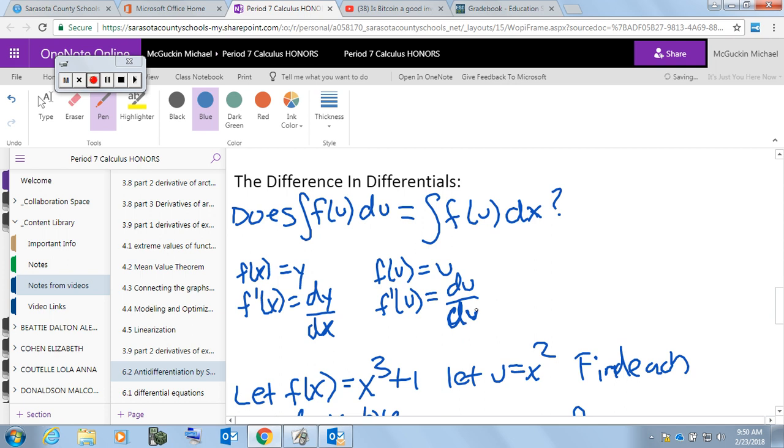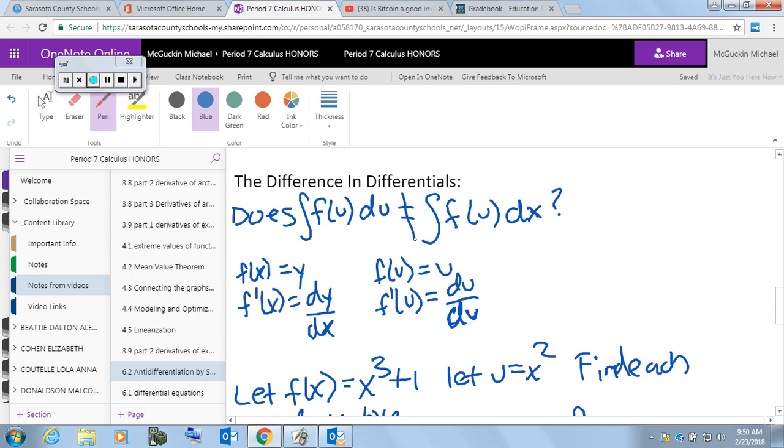One is of y with respect to x, one is of u with respect to u as well. Those are obviously going to be completely different scenarios. Those will not be equal derivatives in this case. You are showing a different with respect to, or a different differential, when it is all said and done. So, to answer the question, no, it does not equal one another.